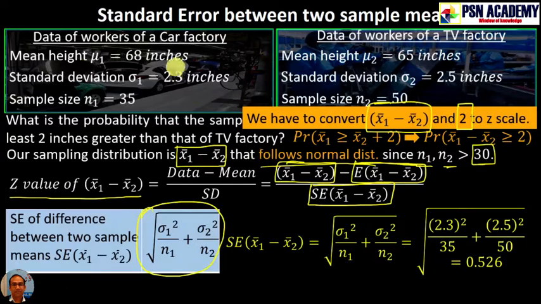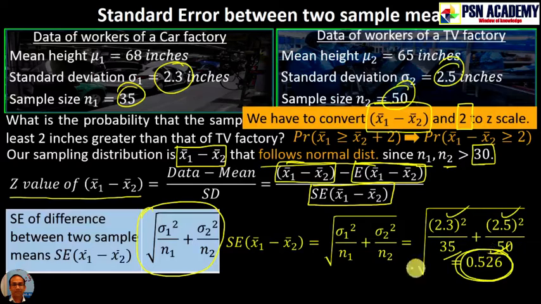Sigma 1 is 2.3, so we put it here, and 2.5 is sigma 2, we put it here. We have n1 as 35 and n2 as 50. And we get 0.526. So the denominator is 0.526. We have got it.